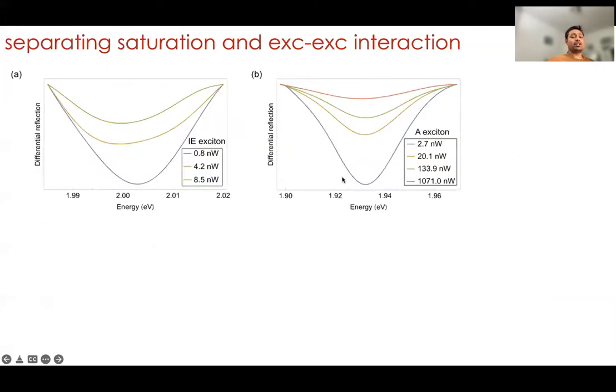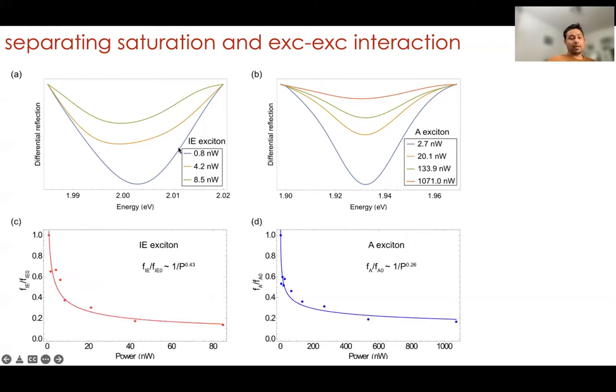We have also done measurements in an open cavity, and we have seen that when we increase the pump power, both the interlayer and the A exciton saturate with pump power. However, the interlayer exciton saturates at a very low pump power.